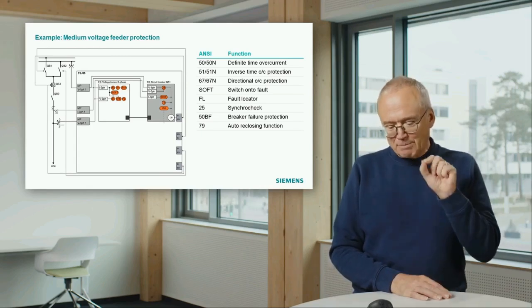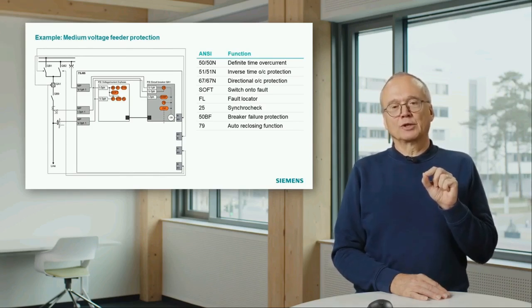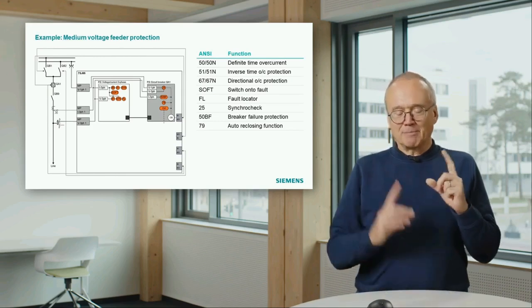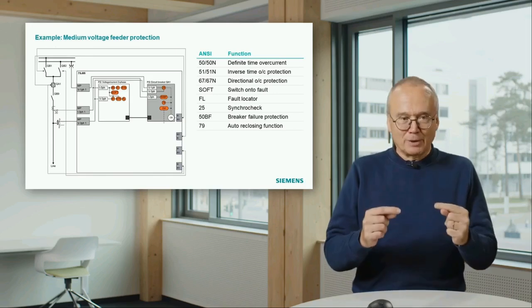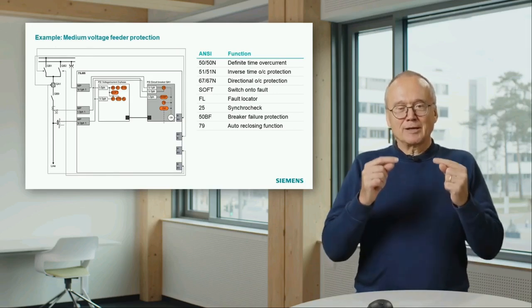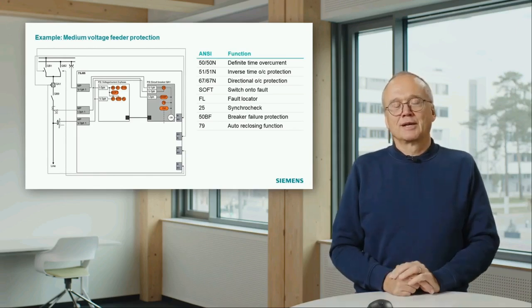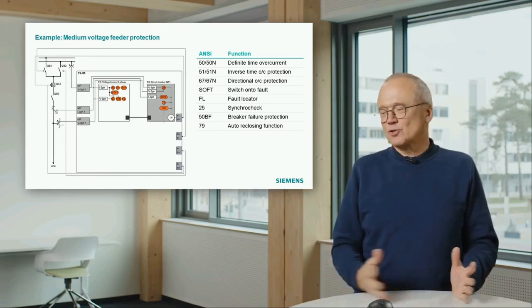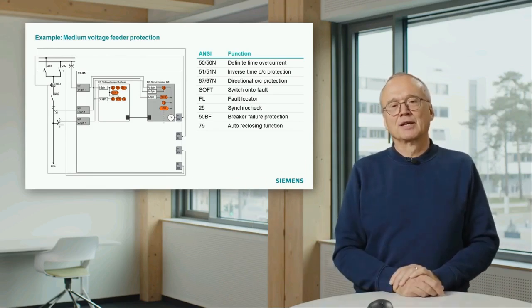And for this particular situation, we use a so-called switch onto fault function. That means the protection relay knows I'm now closing the breaker, and if at the same moment a fault occurs, it knows it doesn't make any sense to activate a delay time to wait for 600 milliseconds.